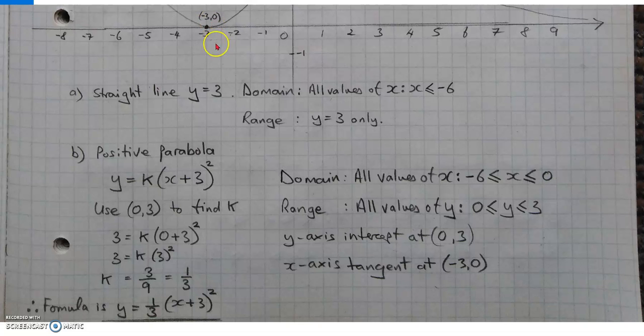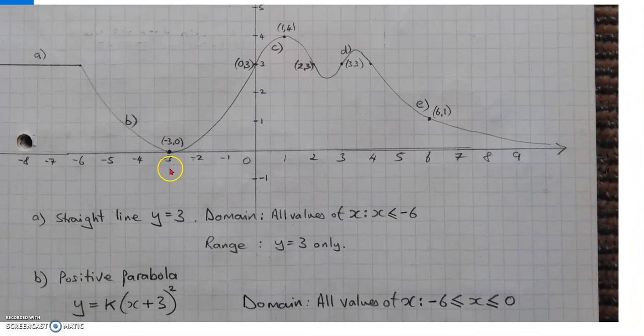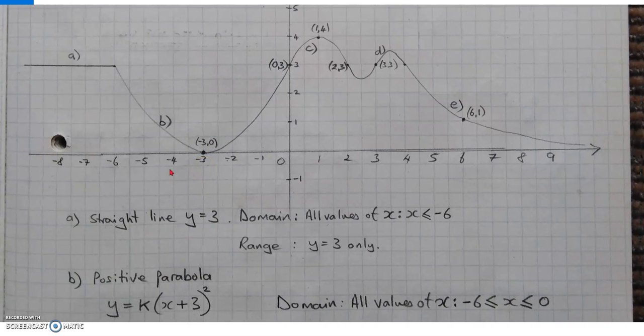Now, you need to talk about the domain and the range and any other features of the graph. Well, the domain, you can see the x values go from there to there. In other words, this parabola only exists for x values from there to there, and that's what you're stating in the domain.